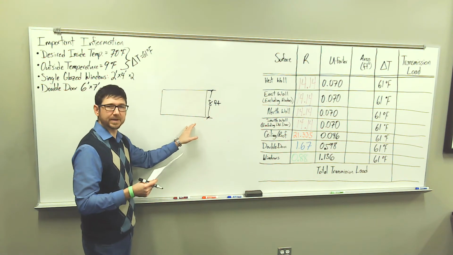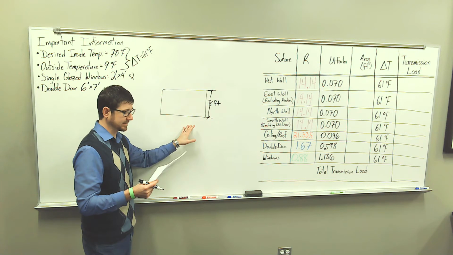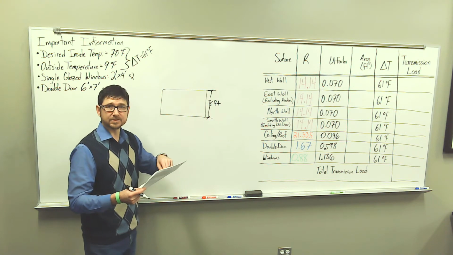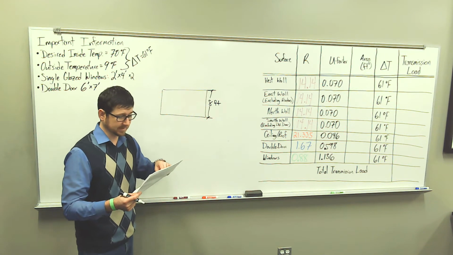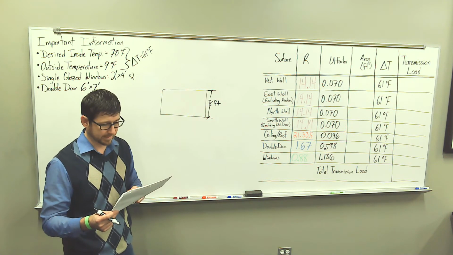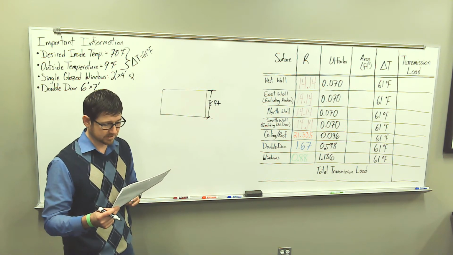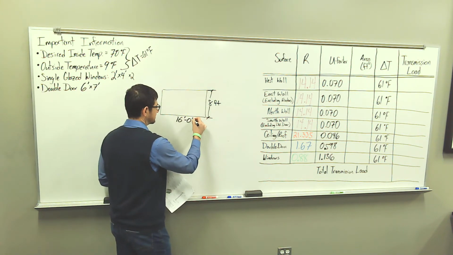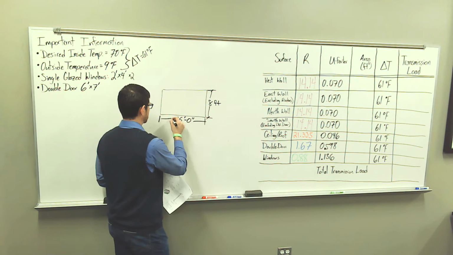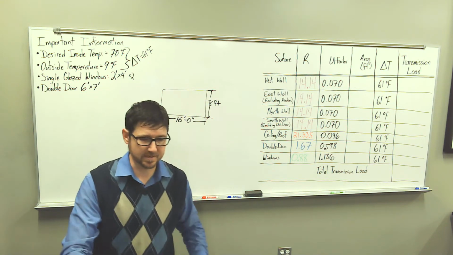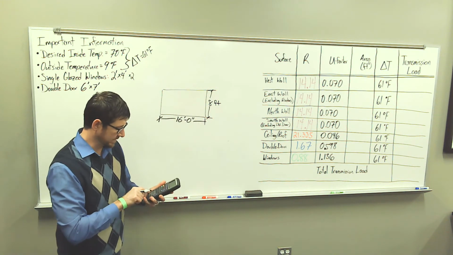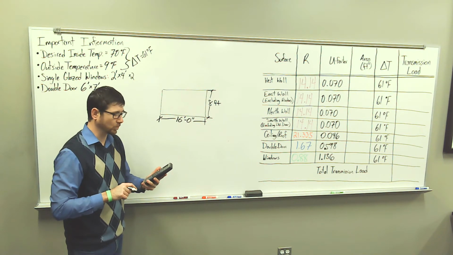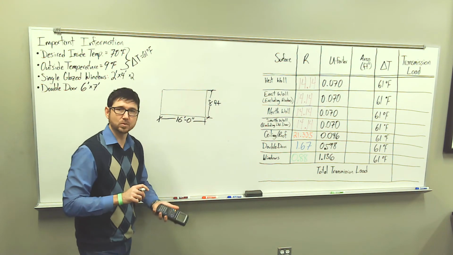Now, the overall width dimension is not provided in the west elevation. It's provided in the floor plan view in the lower left-hand corner. And the overall dimension is 16 feet 0 inches. So we have something that looks like that. So our area is going to be 16 feet times 8 feet, and we get 128 square feet.